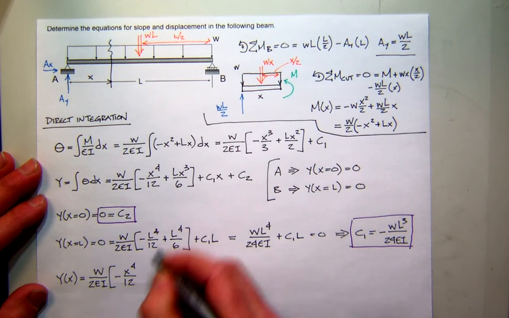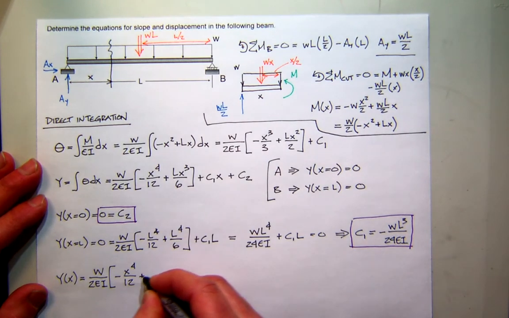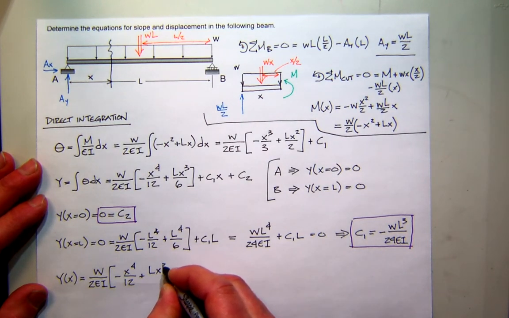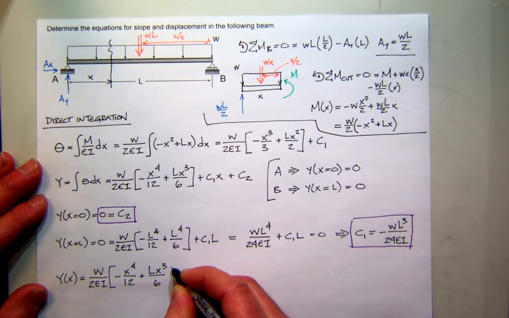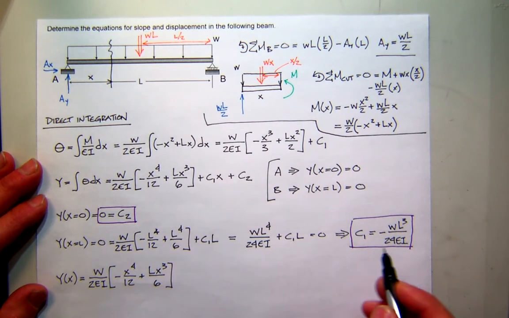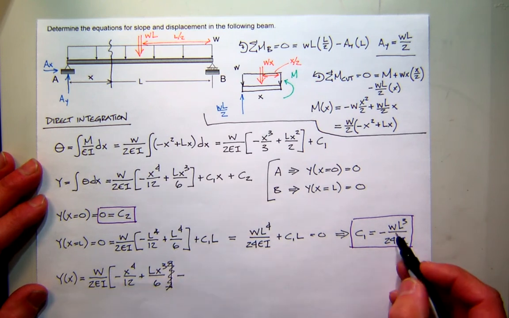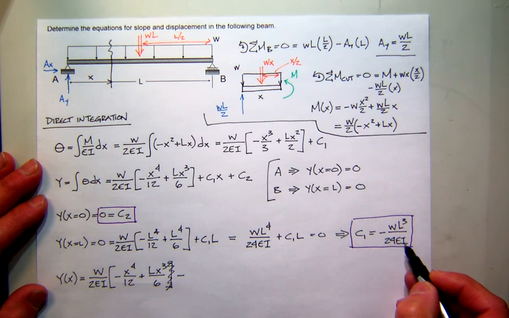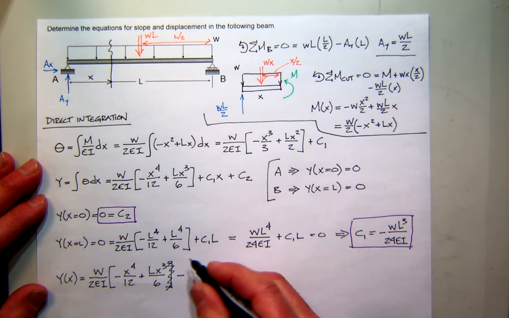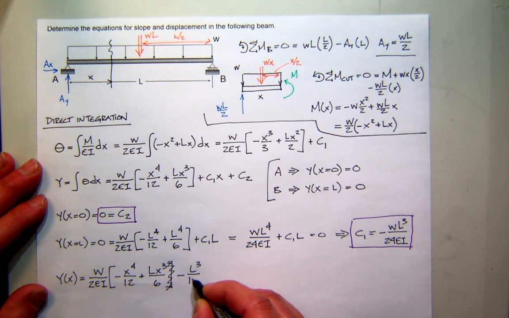So I'm just rewriting what I had up here. Let's add it to it. So I'm going to take W over 2EI out. So I take the W, take the EI, I have 2 out. I'm left with minus L cubed over 12.